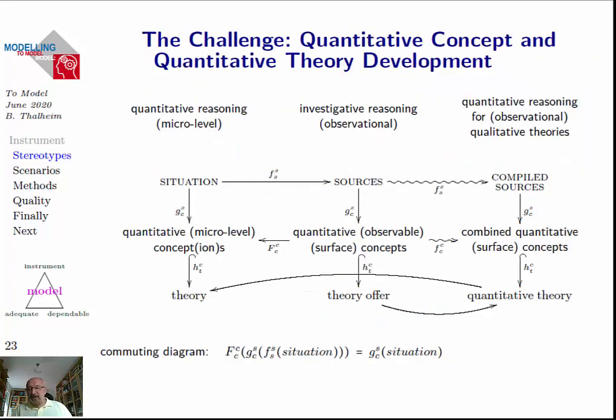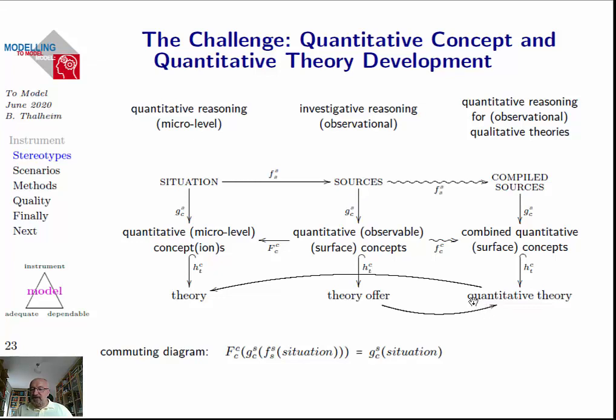Okay, then in this case we would have a situation that is the following one. Typically we have a situation, and the situation can be represented by quantitative conceptions if we are able to do such. We will see in most situations we are not able to do such. We go directly to the observational sources, have some quantitative concepts, use some theory offer that could again be represented by a quantitative theory.